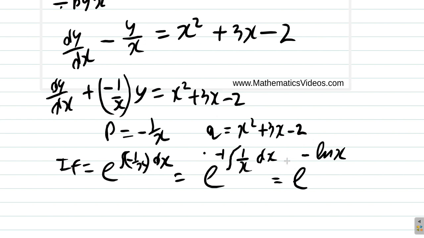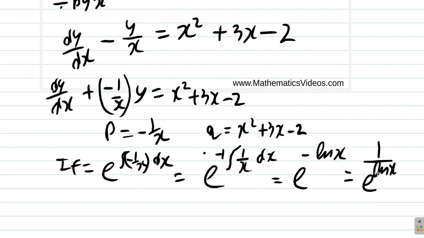Now, e to the negative ln x. Now, here, this is the same as 1 over e to the ln x. Because remember, e to a negative power is the same as 1 over e to the positive power. Alright? But e to the ln x is what?